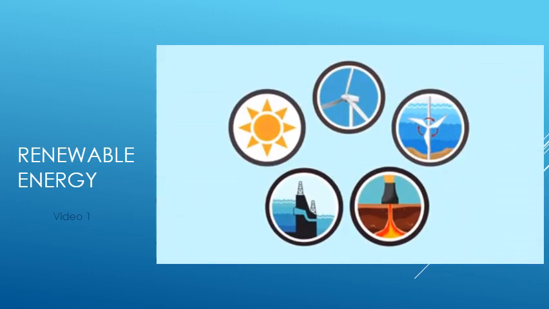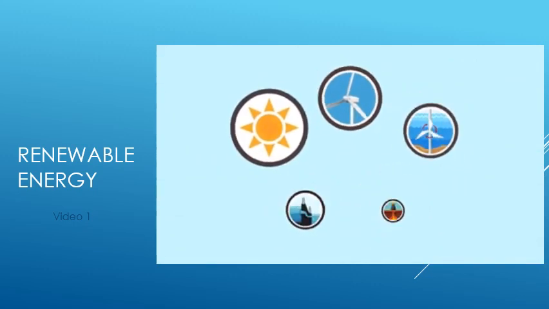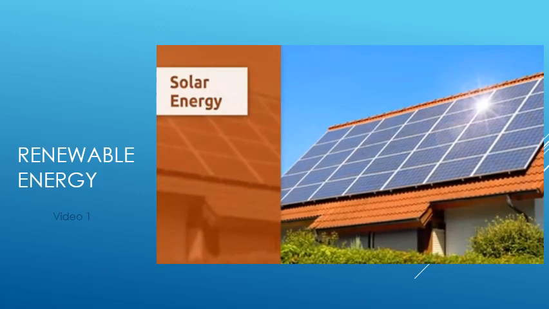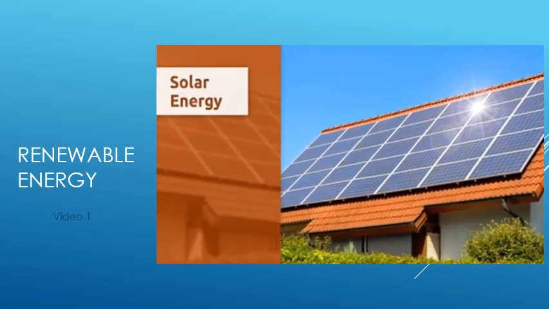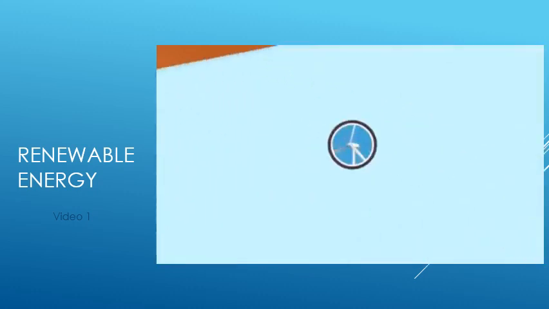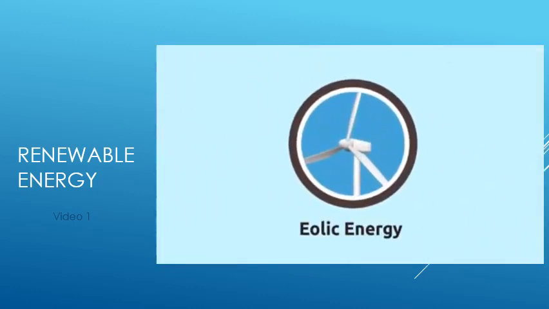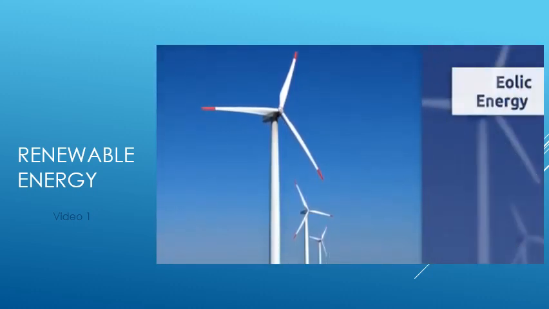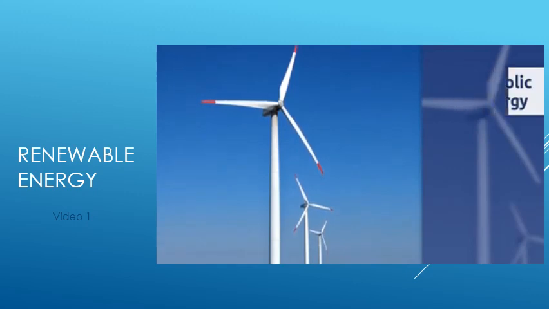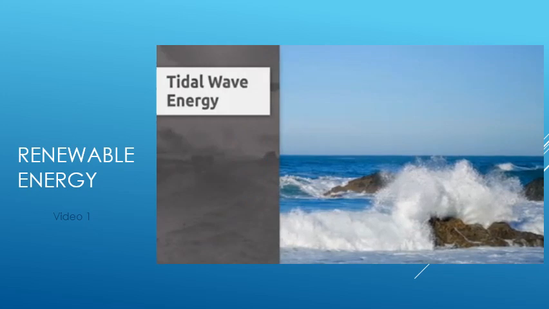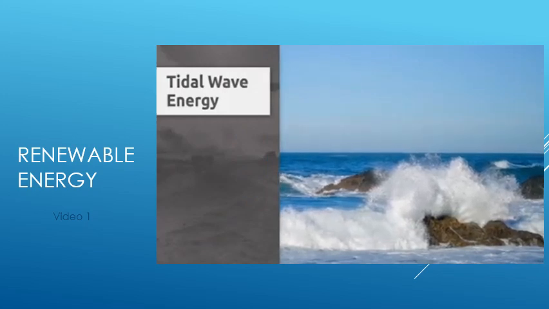These are some of the most well-known renewable energy types. Solar energy comes from the sun and reaches us as light and heat. For example, thanks to these solar panels, we can capture sunlight energy and transform it into thermal energy to heat water in this house. Eolic energy comes from the movement of air or the wind. For example, these windmills transform wind into electric energy. Tidal wave energy comes from the movement of sea waves or when tides change from high to low, and vice versa.